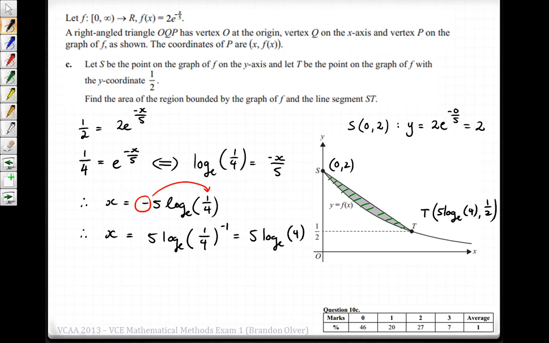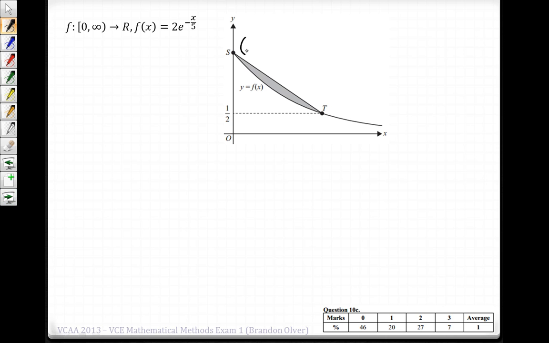So I'll just get us a little bit of new space and write in what we found. So we found that S was at x is 0, y is 2, and T was at 5 log e of 4, comma, a half. And we remembered that our equation f was given by the following. So now I'd suggest that we define an equation for the line segment ST. So I'll put that in blue.